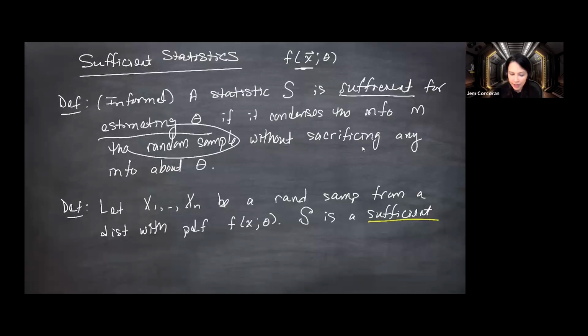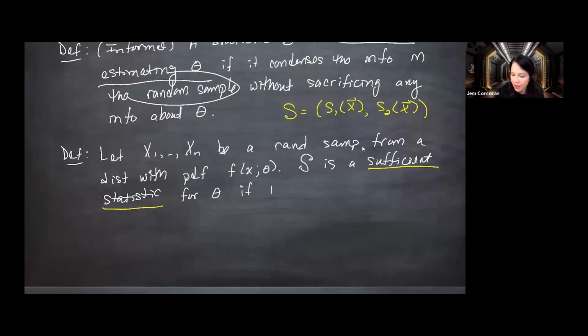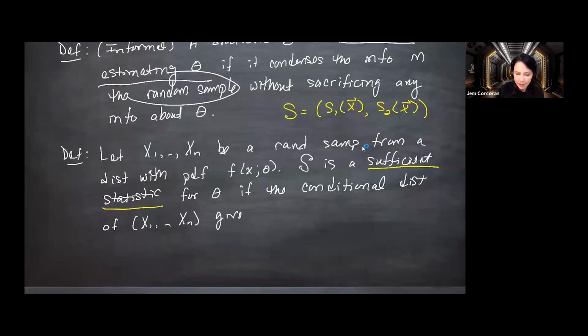So S is sufficient if the conditional distribution of the data, the x1 through xn, given S does not depend on theta. This is why I started with all this conditional stuff.